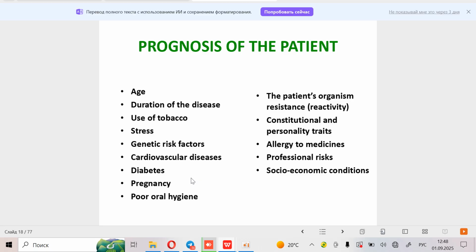Constitutional and personality traits. This is very important: a tendency to focus on fixing the painful sensation contributes to a more severe, prolonged disease course.